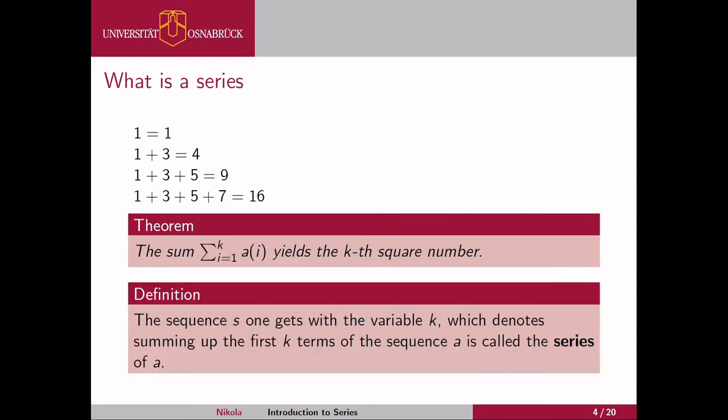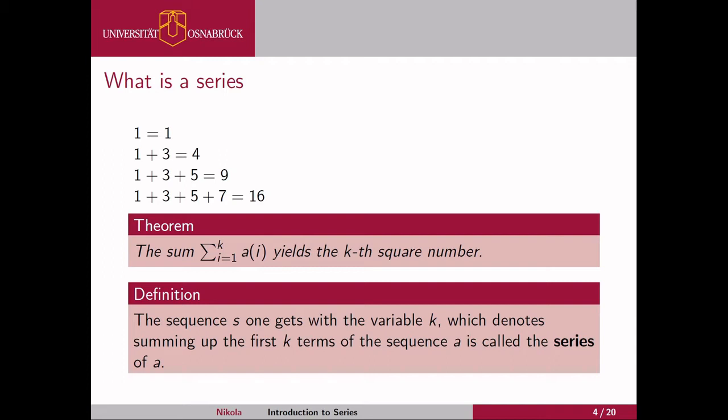In our example, well, 1 is 1, like the sum of the first term is just the first term. 1 and 3 equals 4, 1 and 3 and 5 equals 9, 1 and 3 and 5 and 7 equals 16. This can easily be continued.